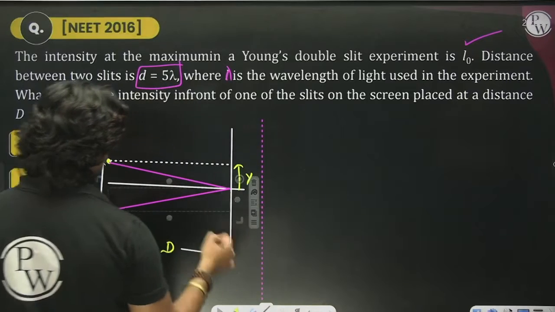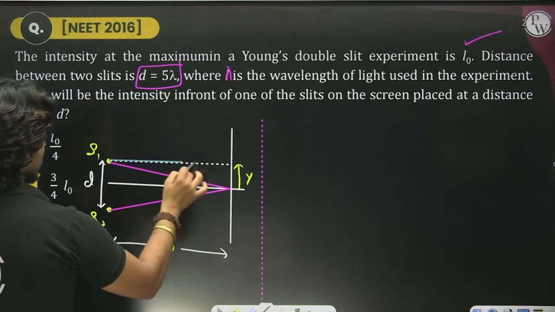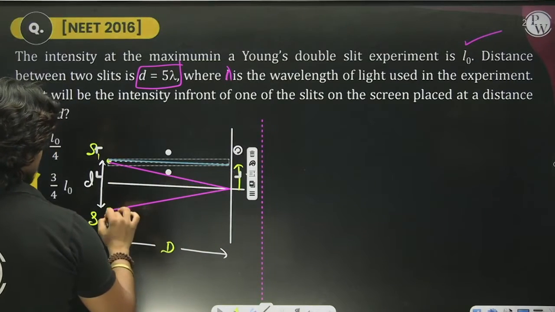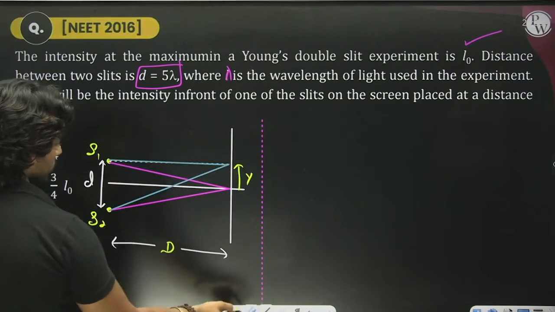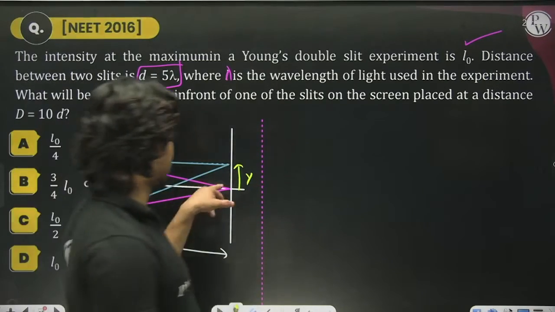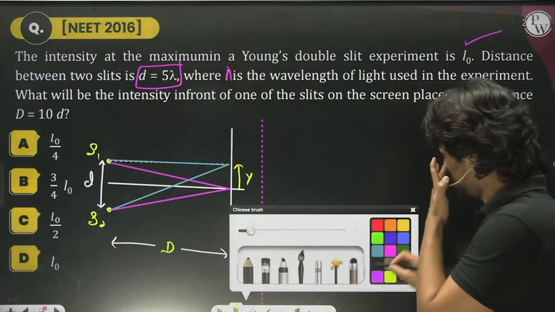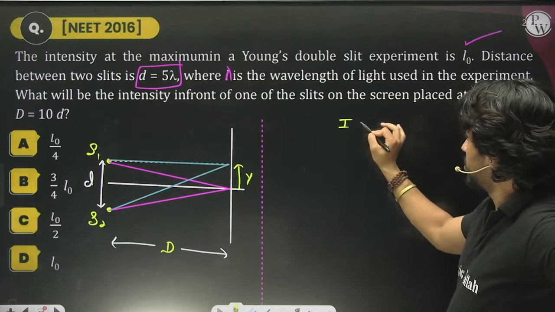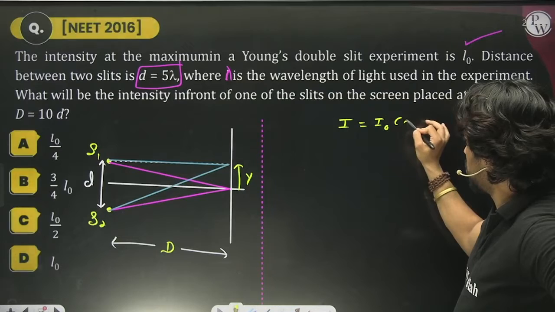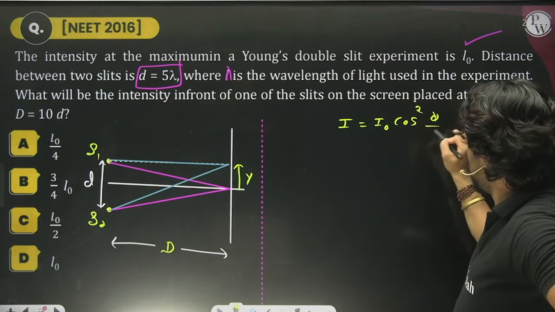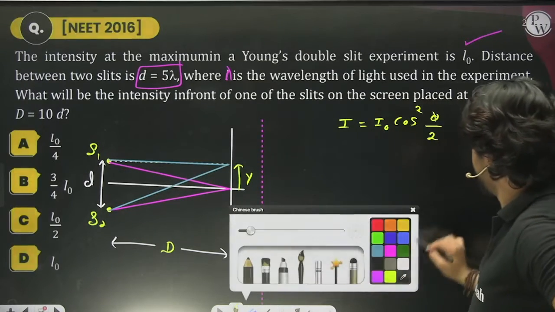Apart from this, you're talking about a condition something like this. The intensity at this central location has been given to you as I naught. So you know the expression: I equals I naught cos square of phi by 2, isn't it?